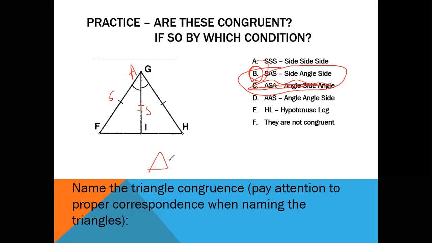So let's see. Triangle FGI is congruent to triangle. Somebody who has not answered today, we have several people who haven't answered. What goes with F? H. Good, Jimmy.